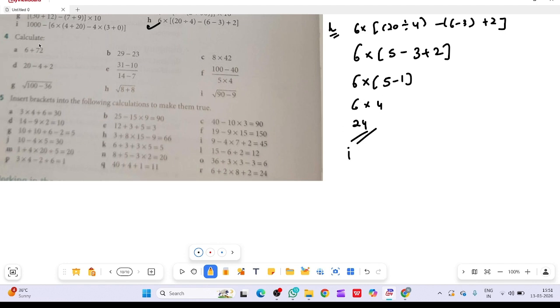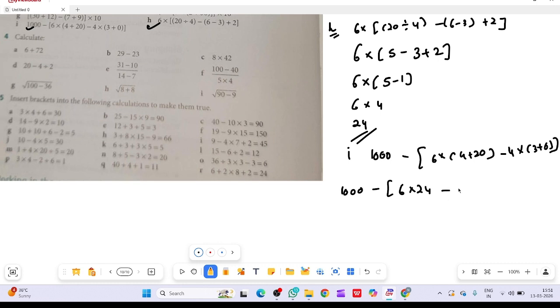Then the last, I, it's 1000 minus 6 into 4 plus 20 minus 4 into 3 plus 0. So it's 1000 minus 6 into 24 minus 4 into 3.